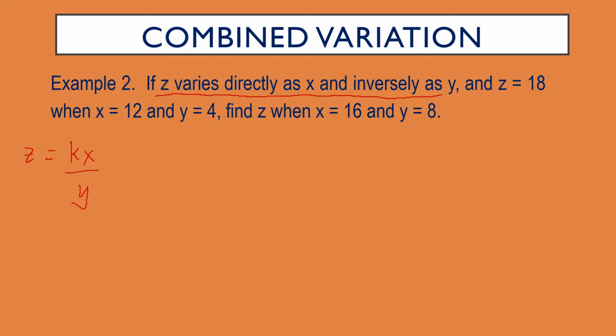It says in the problem, z is 18 when x is 12 and y is equal to 4. Let us substitute 18 to z, 12 to x, and 4 to y. After that, we can cross multiply.